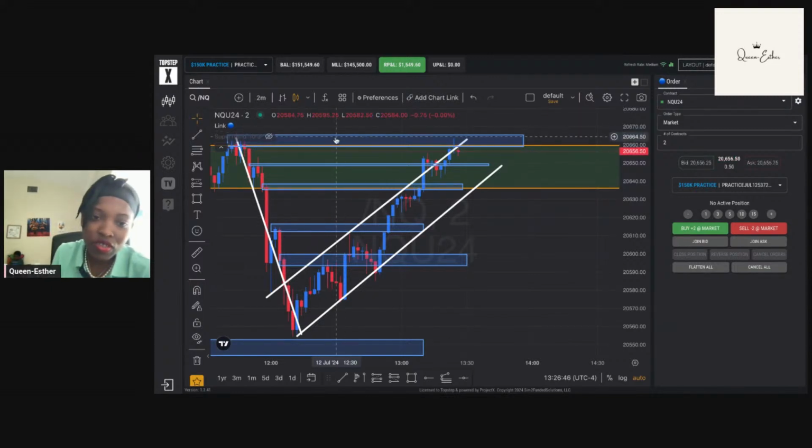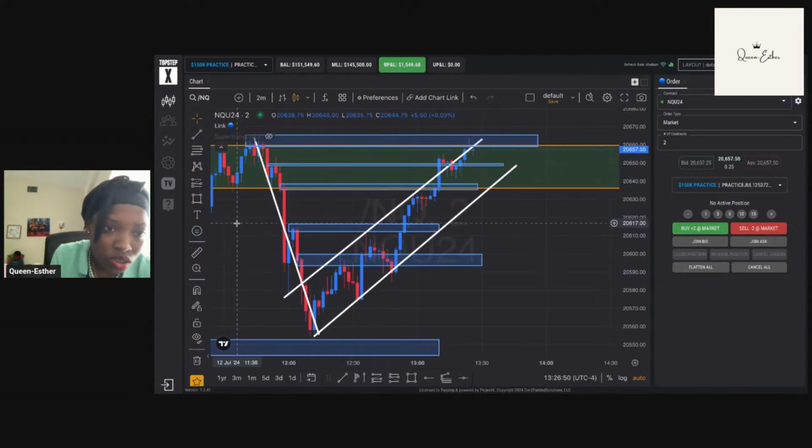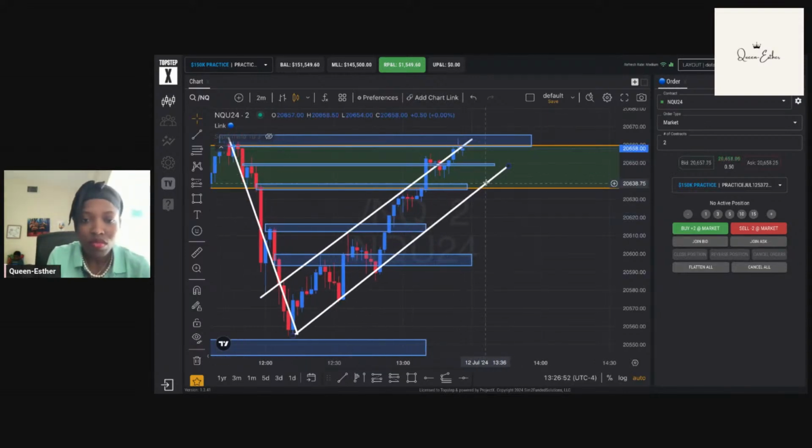So at this level is where I enter for my pre-breakout strategy, okay? So I need to see some bearish action. All right.